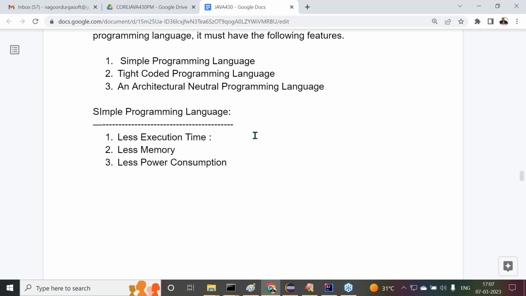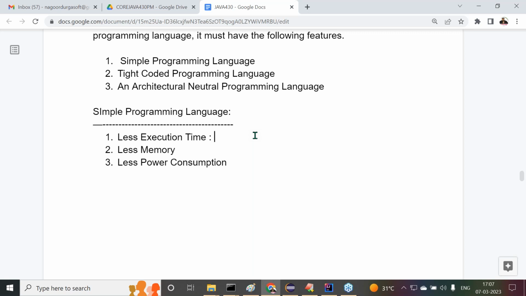So here the point is what? If the execution time is more, automatically we get less performance. If the execution time is more, performance will be reduced. If less execution time is available, say for example, the moment I pressed 9-2 on my remote controller, if this channel was immediately switched to Star Sports 1, I could enjoy my cricket match and get my required service.